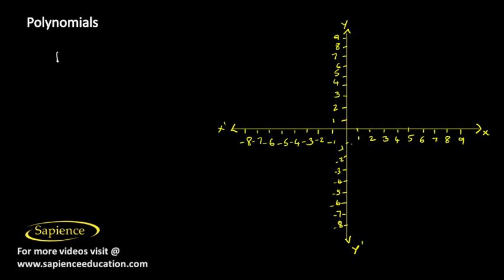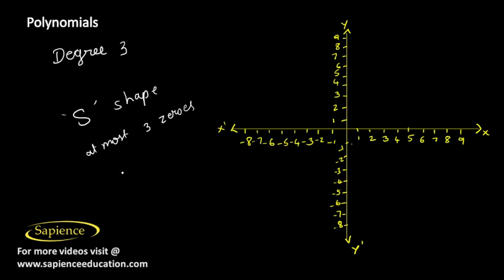So now we can see what will happen for degree 3 polynomials in the Cartesian plane. A degree 3 polynomial will have an S shape, and it can have at most 3 zeros.